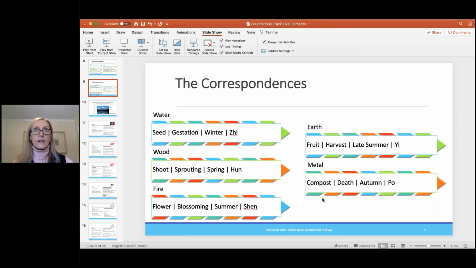It's very mysterious, a kind of transcendental concept, but really great. Does anyone have any questions about the correspondences, the things that correspond to the five spirits and the five elements?